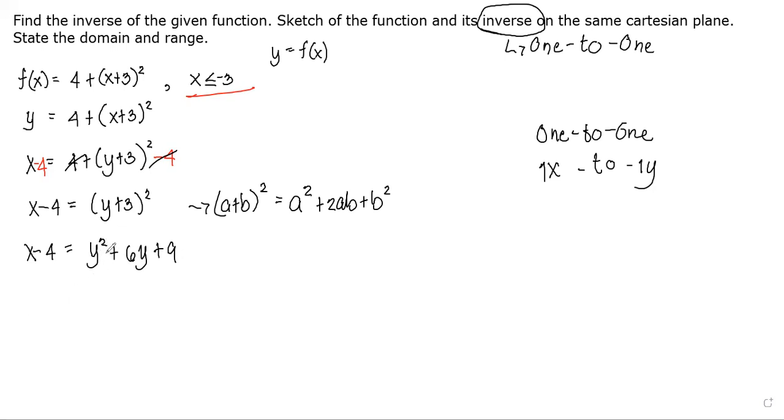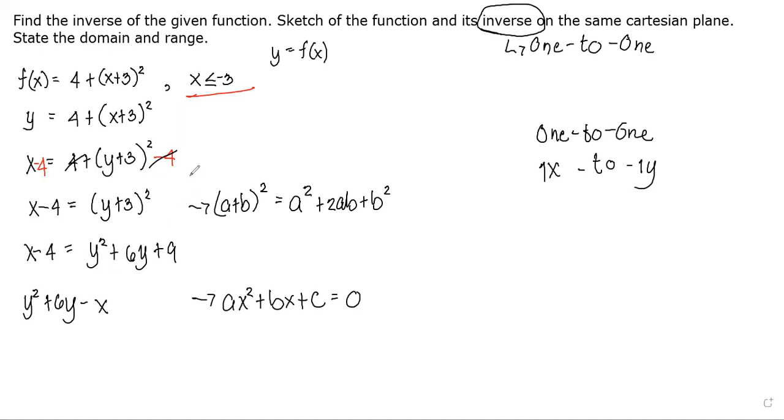Okay, so i-express na natin to as yung sa structure ng quadratic equation. Ay squared plus by plus c equals 0. Okay? So, yung naka-square muna, y squared, tapos plus 6y, tapos, lipat na to lahat kasi equate natin to sa 0. So, minus x, tama.